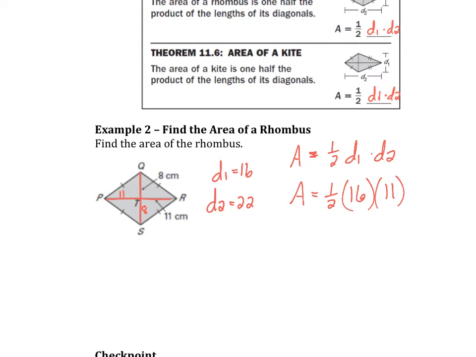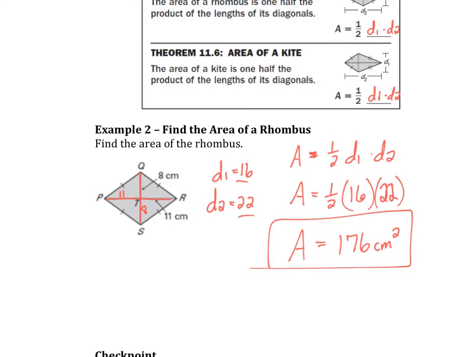Sorry, 22, not 11. I messed that up. I apologize. That should be 22. 1/2 times 16 times 22. And when you multiply this out, 1/2 times 16 times 22 is 176, and it's going to be centimeters squared. 1/2 times diagonal 1 times diagonal 2.